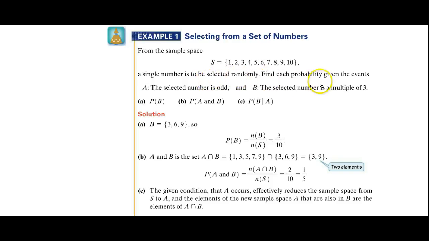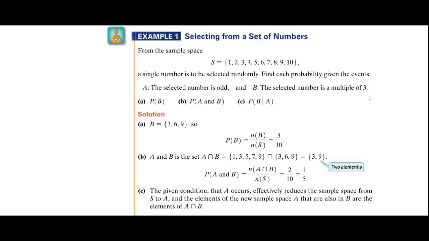Find each probability given the event. Now for set A, the selected number is odd, and then B, the selected number is a multiple of 3.